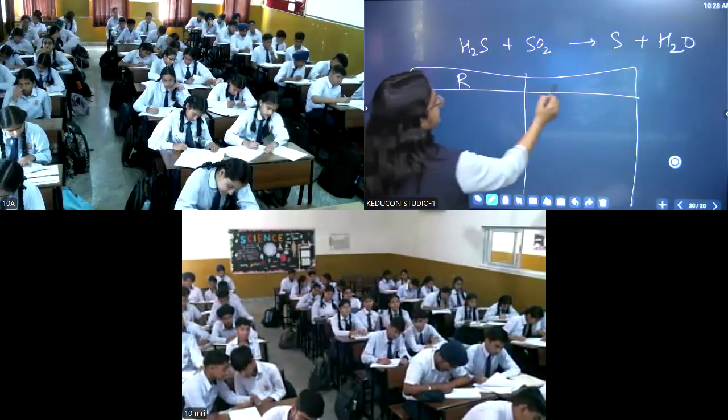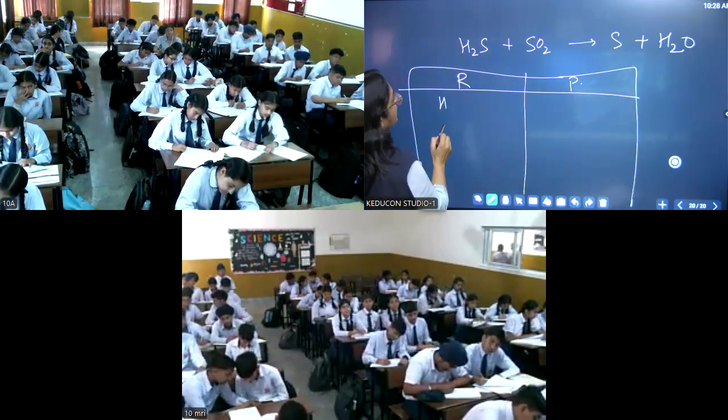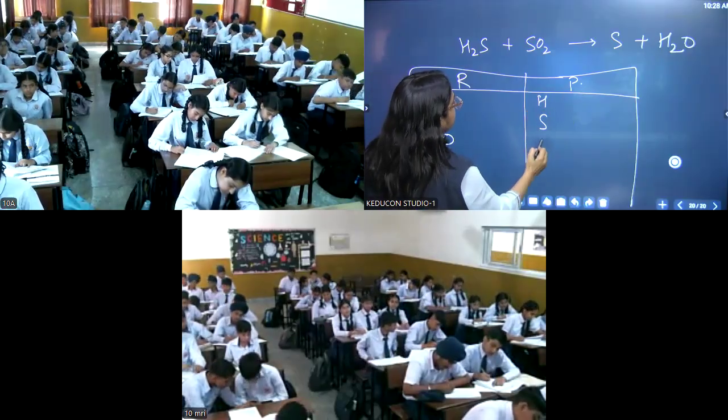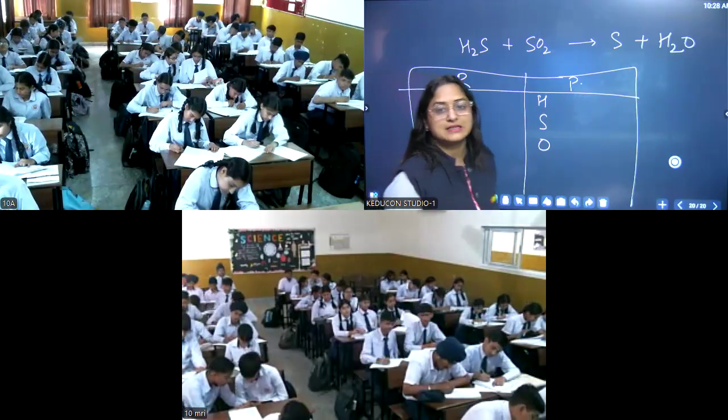This is reactant, this is product. Write down the number of hydrogen, sulfur and oxygen here, and hydrogen, sulfur and oxygen here. Balance it and let me know.